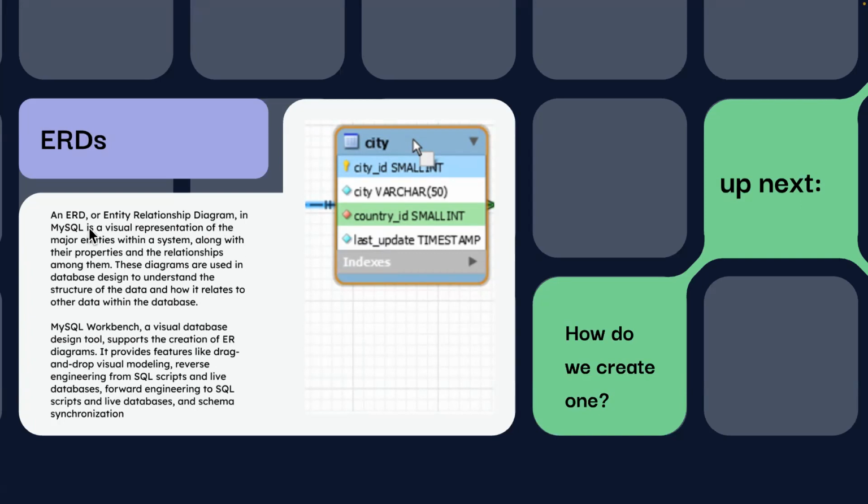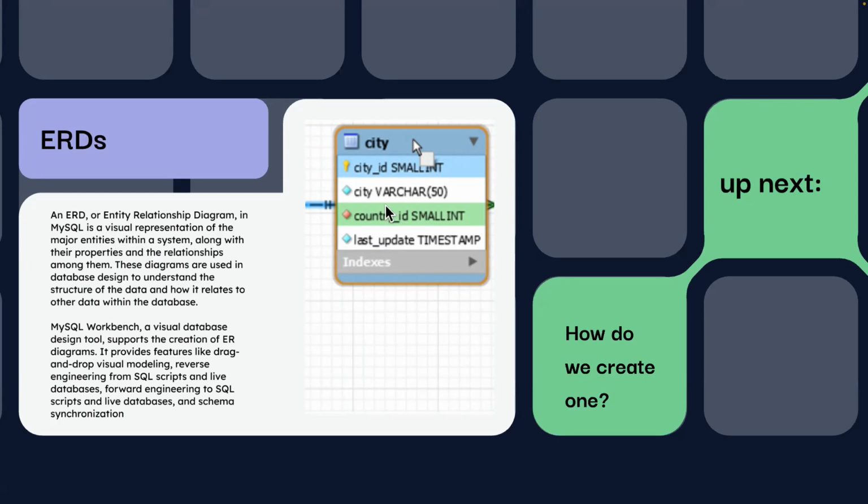In MySQL, it is a visual representation of the major entities within a system. So it is a visual representation of basically all the folders and files out in the open and how they relate to one another, because data can relate to one another.